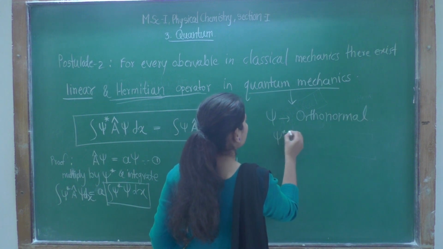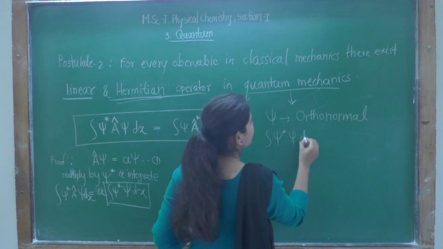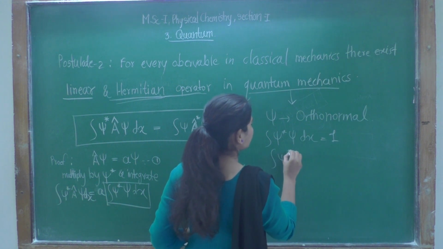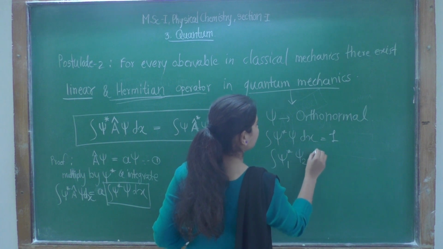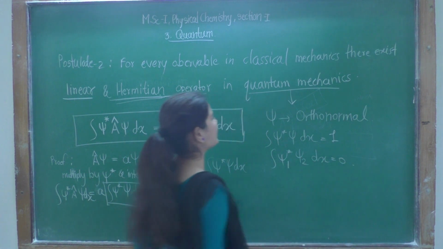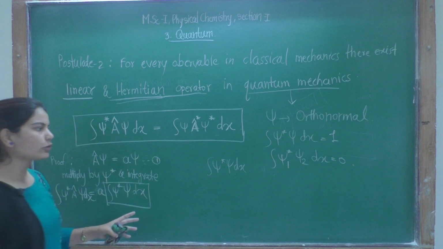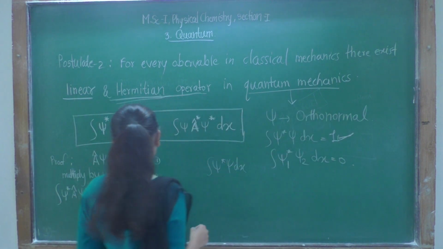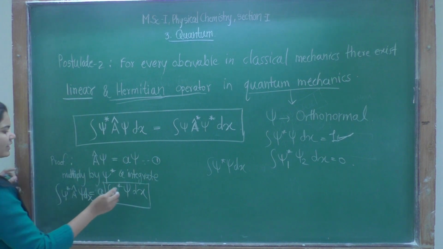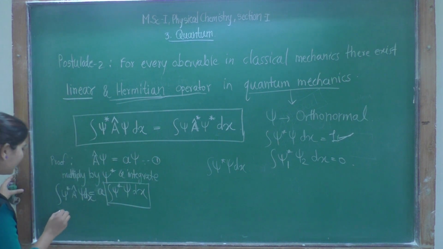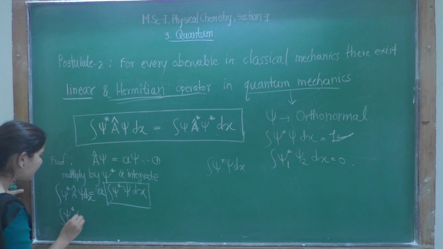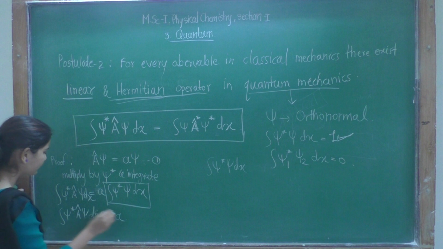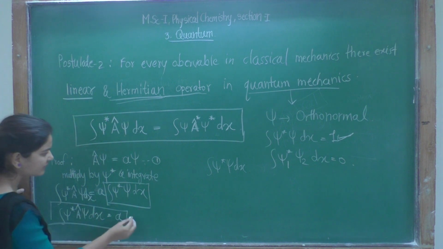That means the integral of psi star psi dx is equal to 1 and the integral of psi 1 star psi 2 dx is equal to 0 always. This is the condition of orthonormality. All functions are normalized in quantum mechanics. So this value becomes 1, and hence we get the integral of psi star A cap psi dx equals A. This is equation number 2.